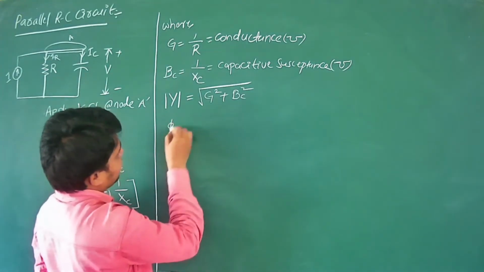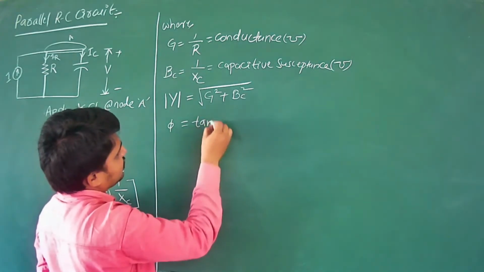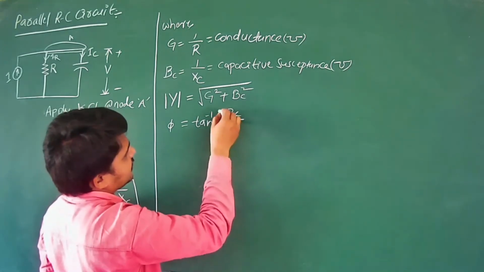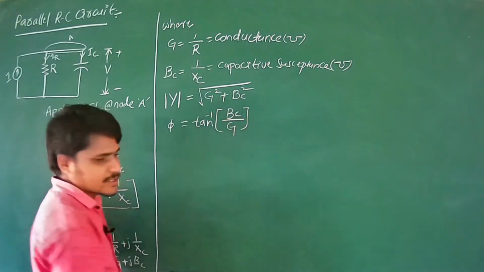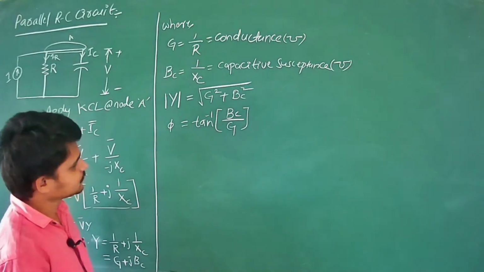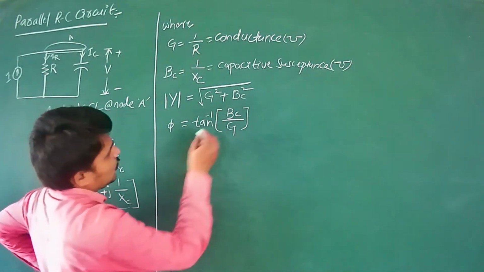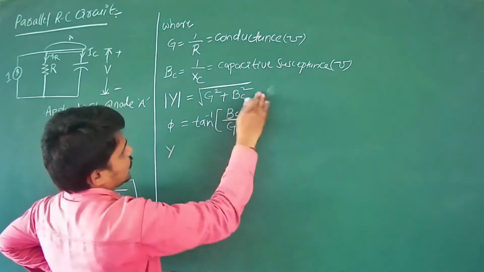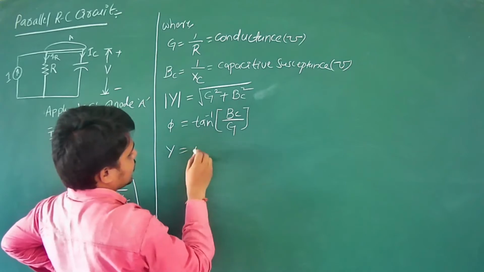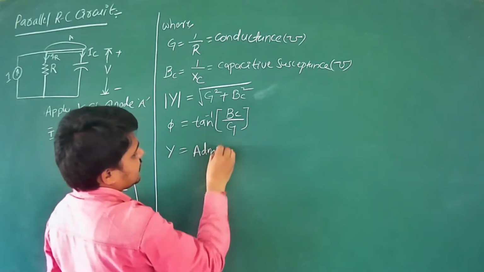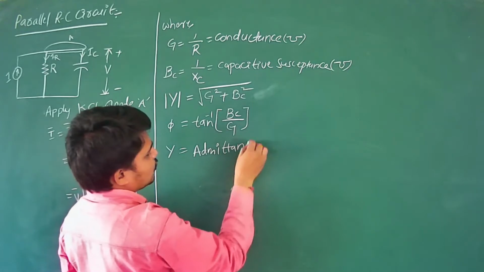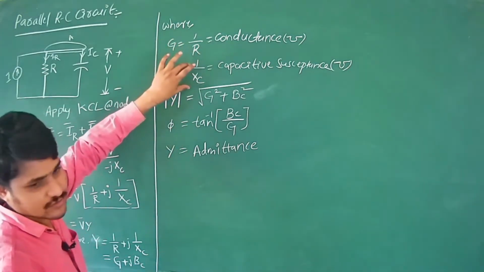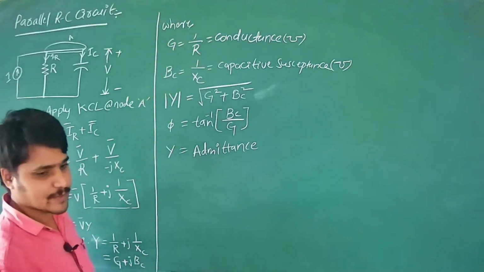Now, the phase angle phi is tan inverse of imaginary part by real part, BC by G. This Y we are calling admittance, sorry, not impedance. Why do we call it admittance? It is the total allowance of the AC current, the combination of conductance and susceptance.